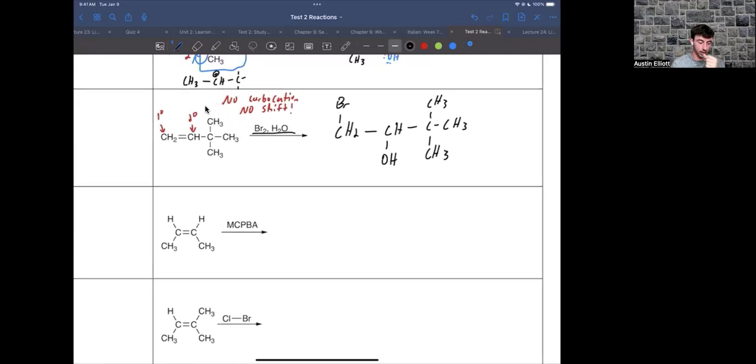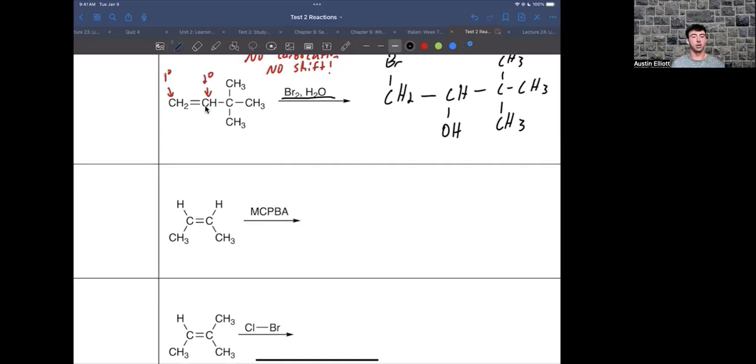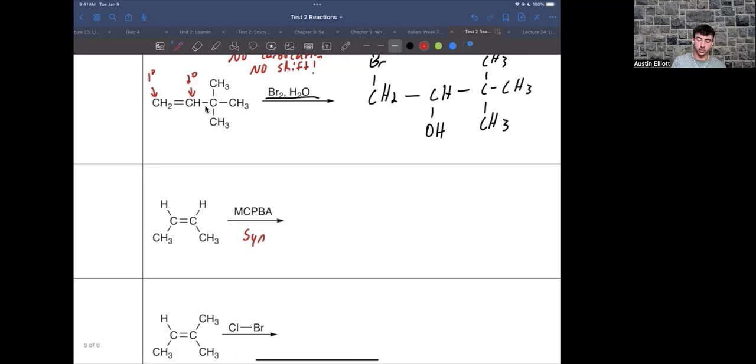So now I have MCPBA. This one looks a little bit different when it's drawn out like this, showing the groups and the atoms. It works the exact same way as before. So the big thing is that it's syn addition. So we're gonna write out C, C, with O going up. That's the big part.